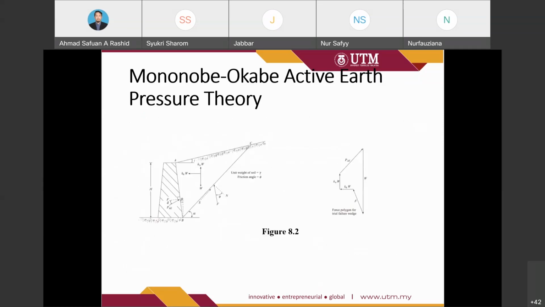It is the same concept as Coulomb or Rankine. So this is the BC line, the assumed failure plane.